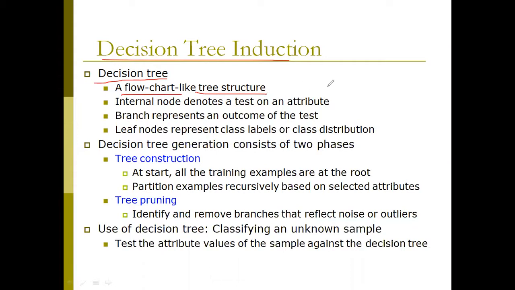It has internal nodes to test an attribute, branches to represent the outcomes of the test, and leaf nodes to represent the class labels of the attribute. This is the definition of a decision tree here.